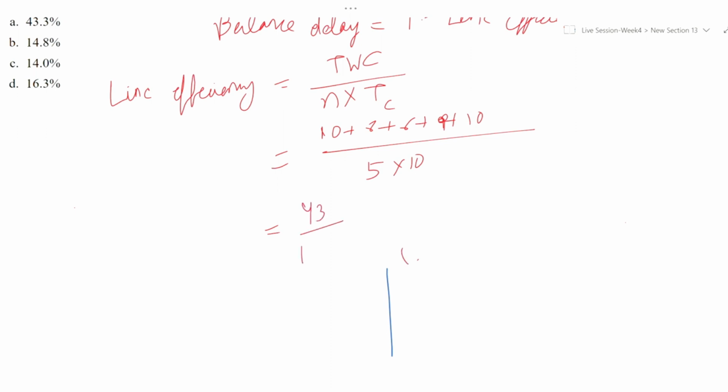By 10 into 5, this becomes 0.86, which is equal to 86%.